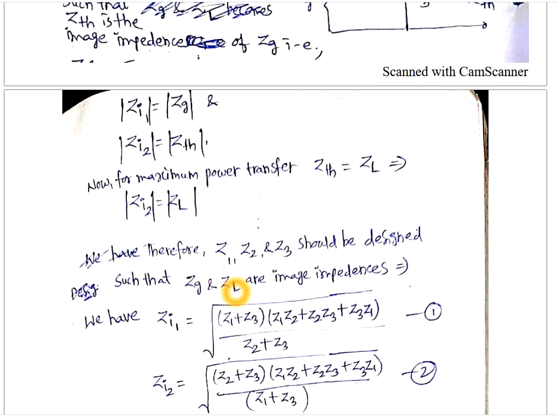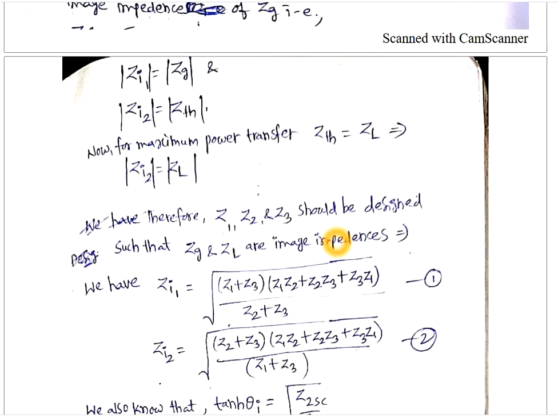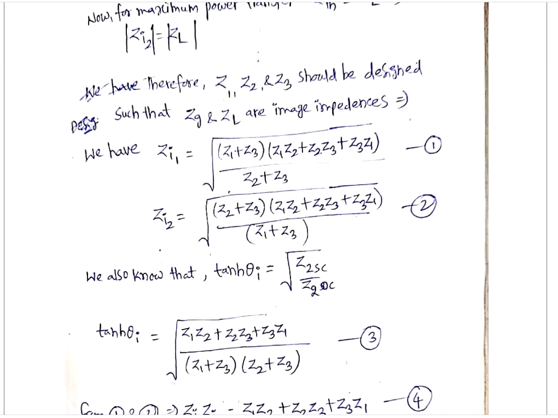Now when Zg and Zl are image impedances, we can write Zi1 and Zi2 equal to these two equations, which are nothing but the T network image impedance equations. And we also know that tanh theta is the square root of ZSC2 by ZOC2.